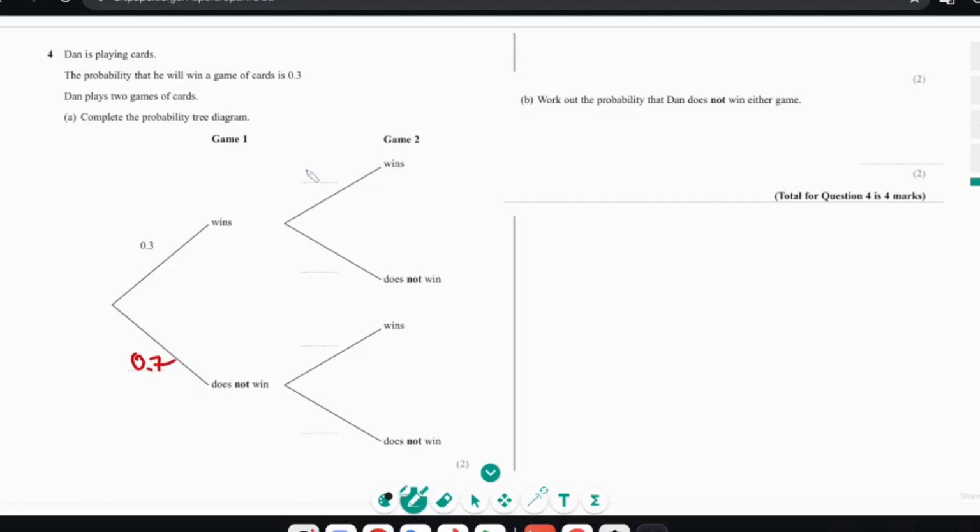So again, wins 0.3, does not win 0.7. Work out the probability that Dan does not win either game. So we're looking along this branch and along this branch. You multiply along the branches, so 0.7 times 0.7 equals 0.49.